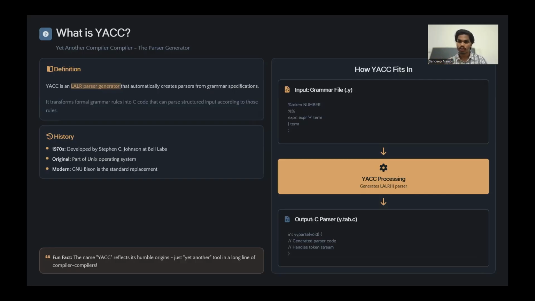YACC processes your grammar and generates a C parser file, typically named y.tab.c. This file contains the function yyparse, which is the actual parser. This generated parser can then be compiled and linked with other files to create a complete executable. So YACC completely automates the parser implementation. You don't write the parsing logic by yourself; it helps you write that.